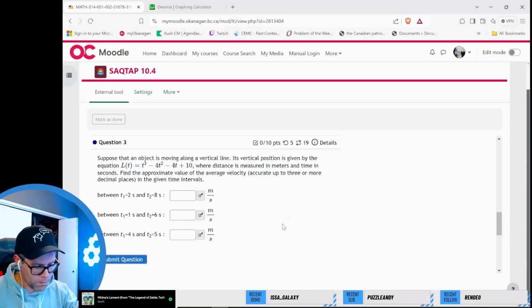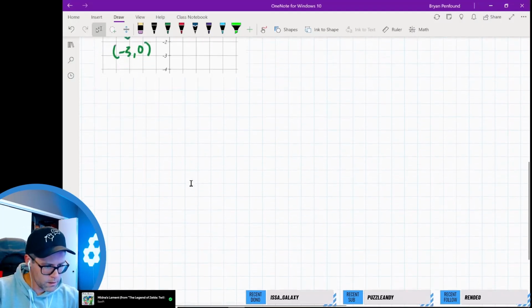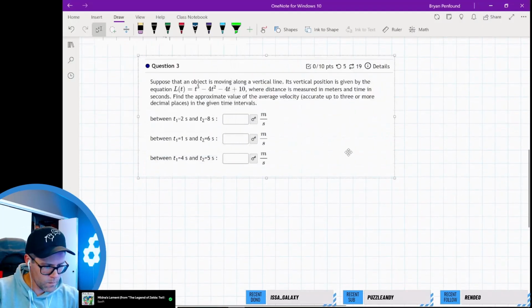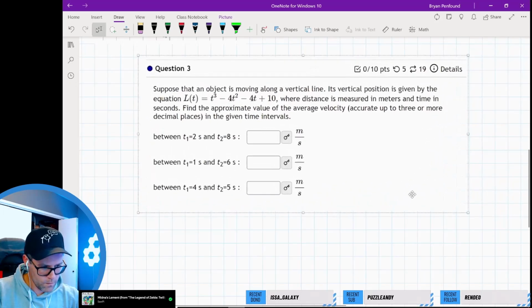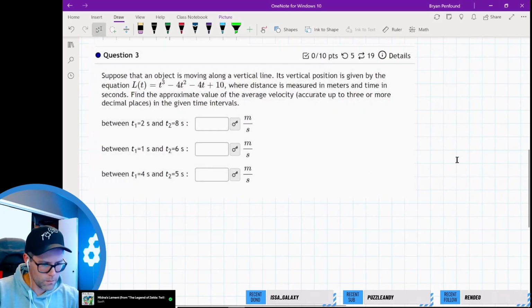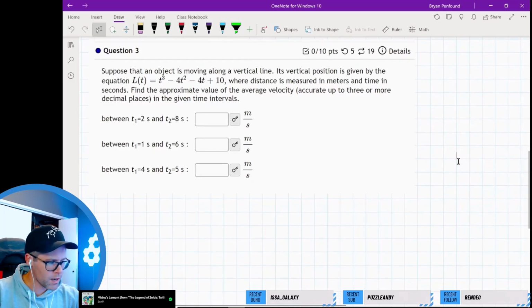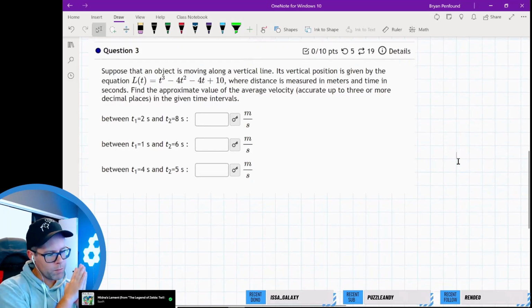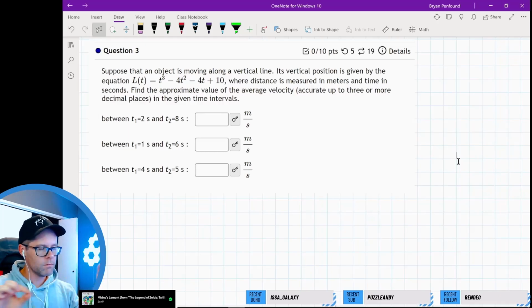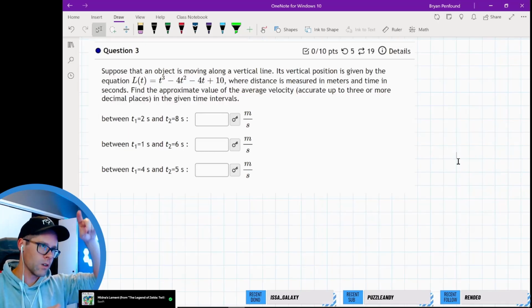Uh-oh, physics problems. Physics problems, everybody. Suppose that an object is moving along a vertical line. Vertical line, so up and down.